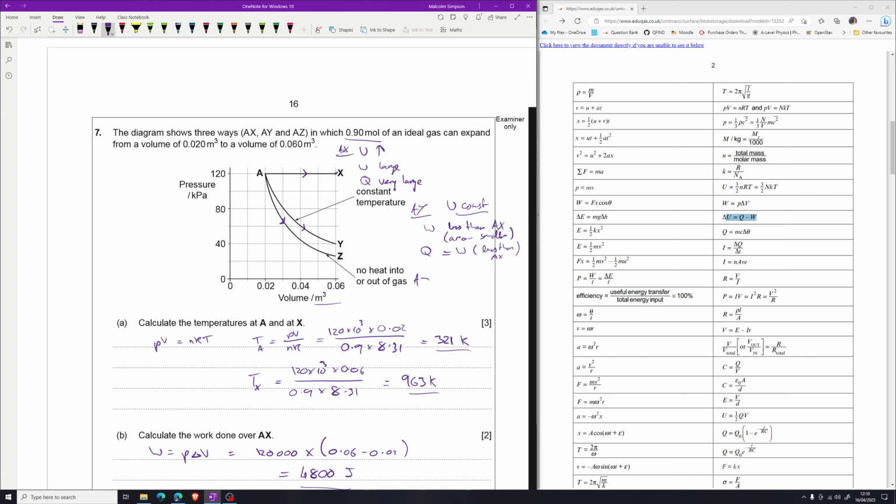Finally then, AZ, no heat in or out of gas, so Q is 0.